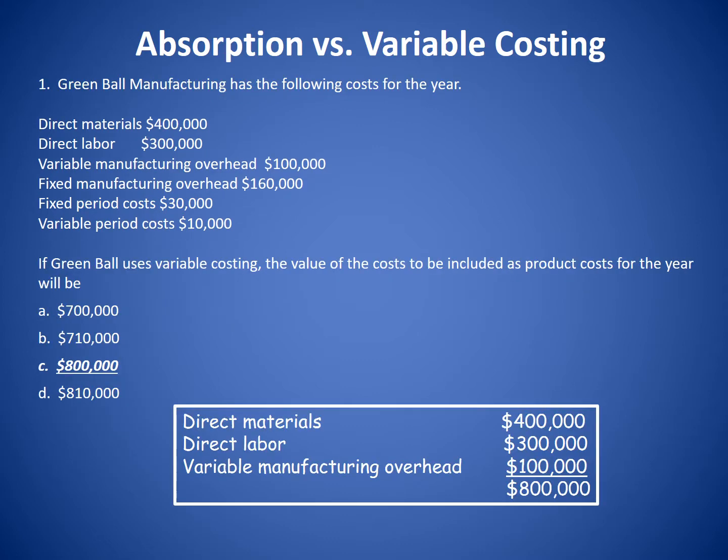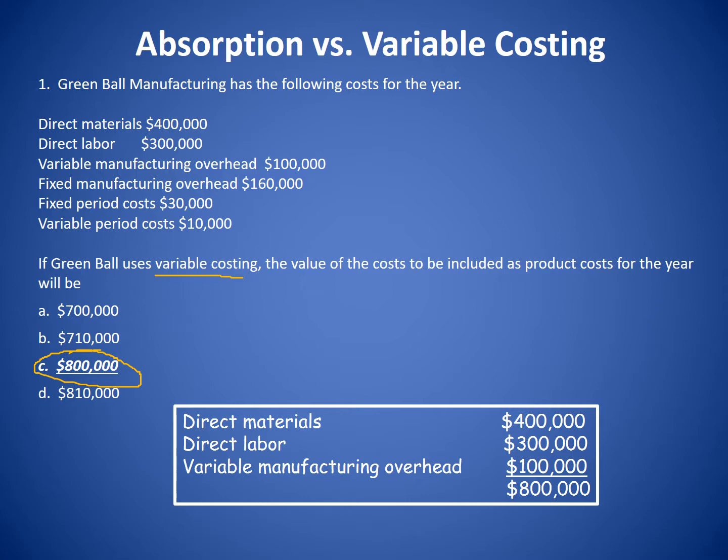Okay, the answer here. If Greenball uses variable costing, the value of cost to be included as product cost for the year will be, in this case, the answer is C, $800,000. And here's how we arrive at it. Under variable costing, we're only going to include our variable cost in our product costs.